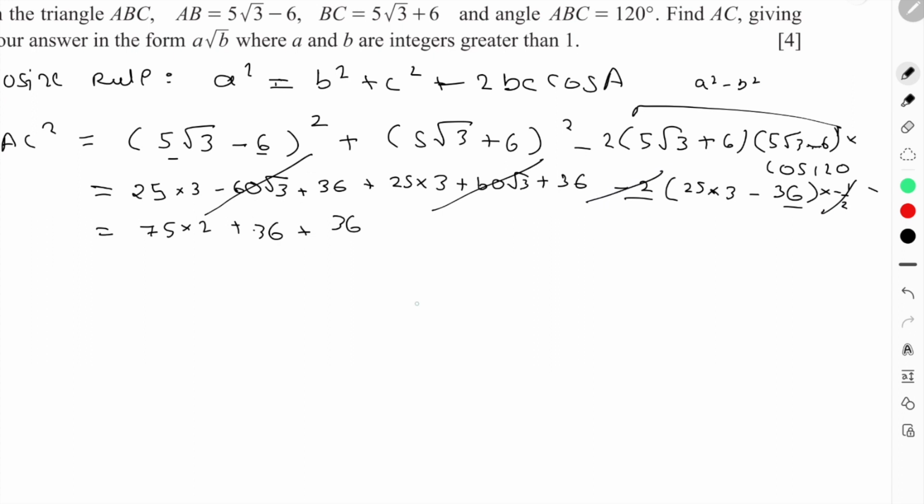So this goes away, and then we have plus 75 minus 36, so this gets cancelled, and then this is 150 plus 75 plus 36.